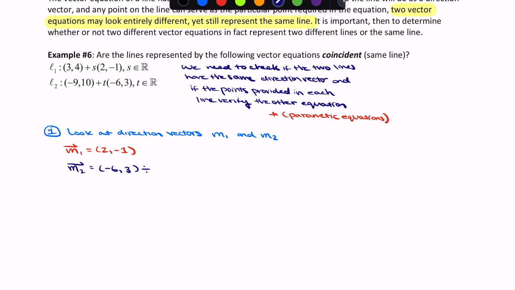If we divide both of those by -3, we'll get 2 and -1.